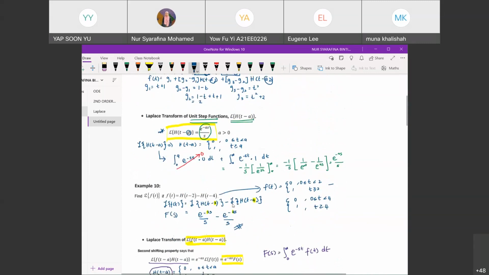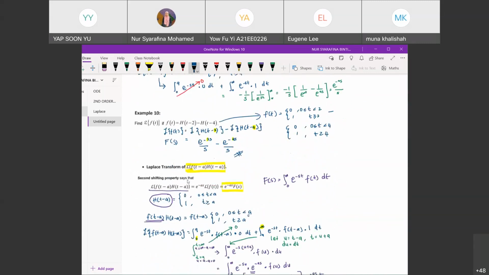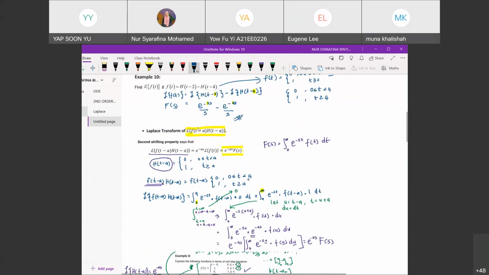And then we implement the second shifting property where that h(t minus a) is combined with another function. But you have to make sure that both functions f and h have t minus a in their expression. Alright? So once they are similar, you can just use the property which equals exponent minus as times F(s).